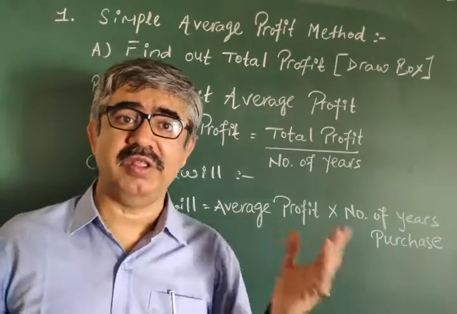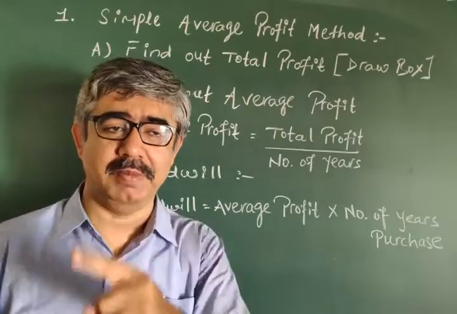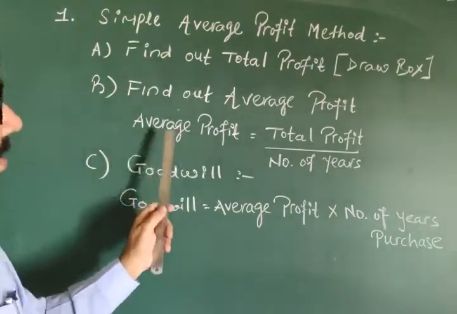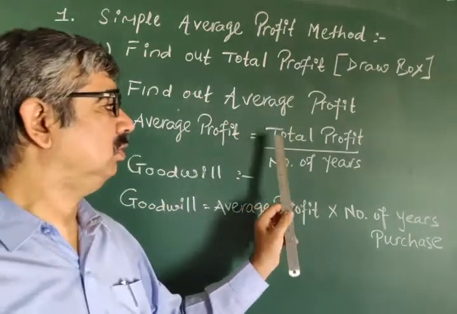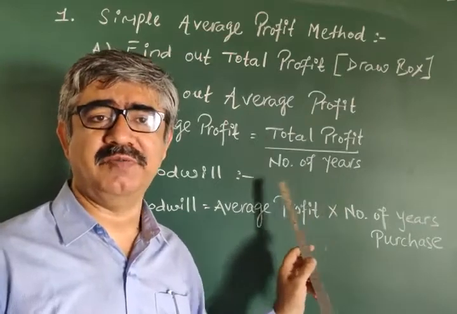If you have not written that formula, you lose a very valuable 1 mark. The formula is also very easy: average profit equals total profit divided by number of years.